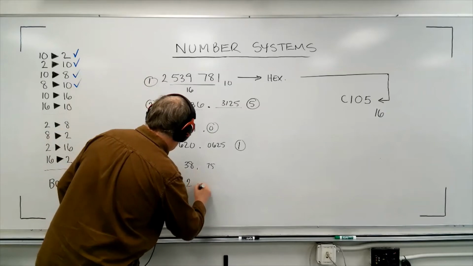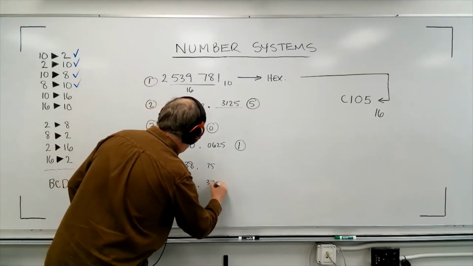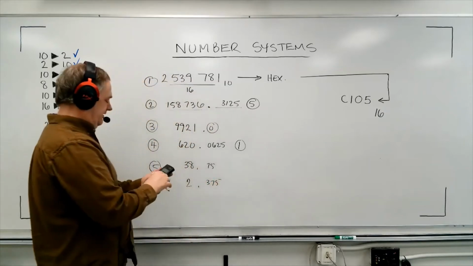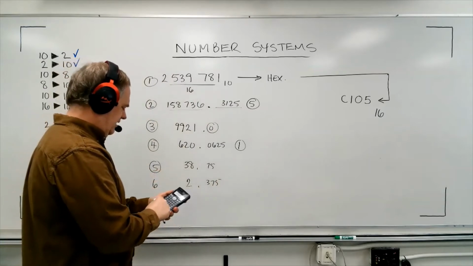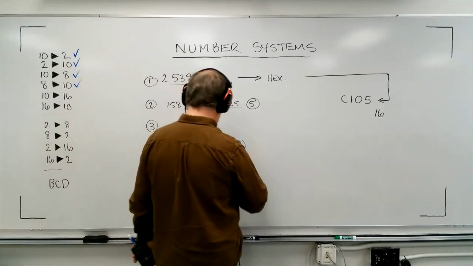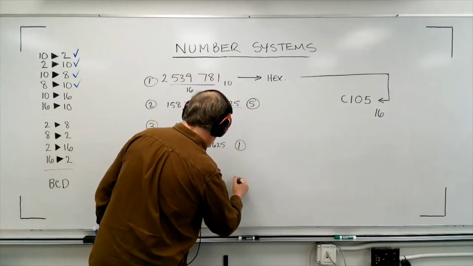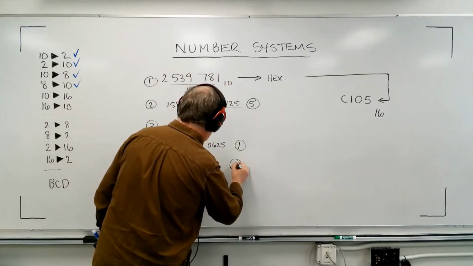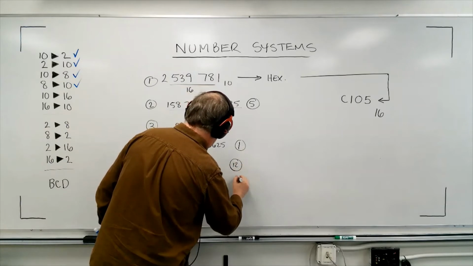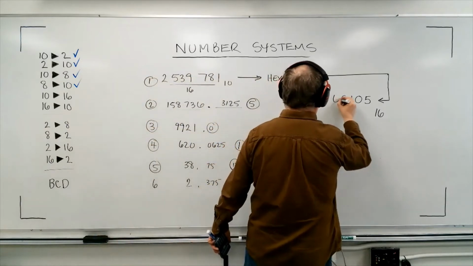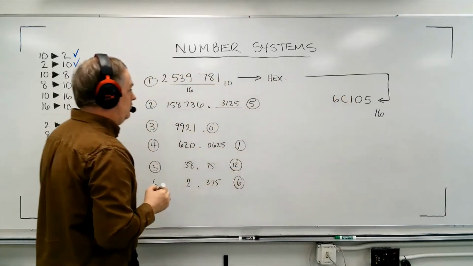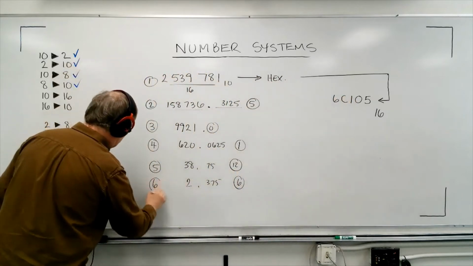So we now have 2 and 0.375. 0.375 times 16 is actually 6. So that means that here my remainder was 12. Here my remainder is 6. So now I've got a 6. 6C105.